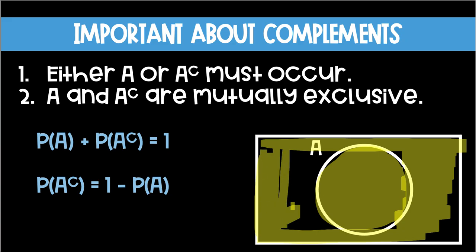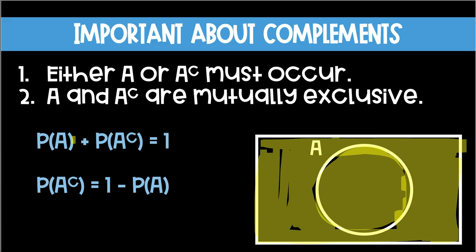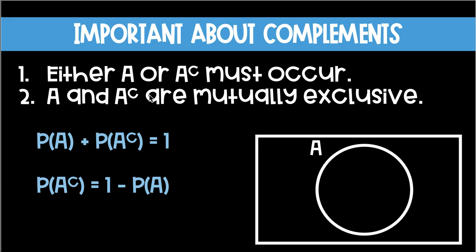We get all of the sample space, all of the possible outcomes. The probability of A plus the probability of the complement of A is always going to be 1, which is where we got this rule of the complements. The probability of the complement of A is 1 minus the probability of event A.